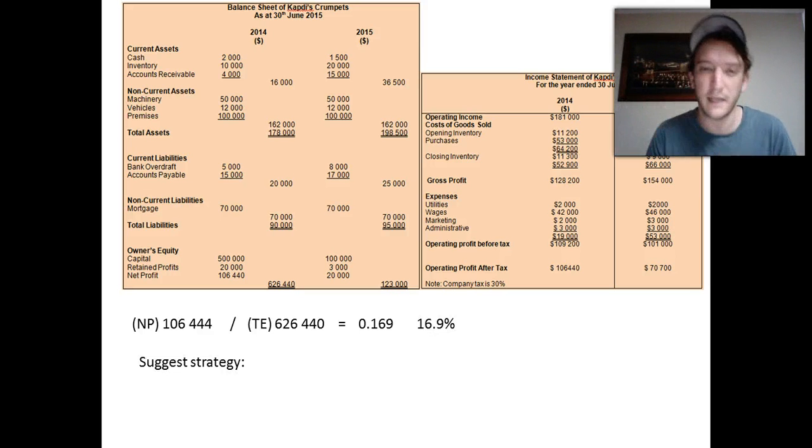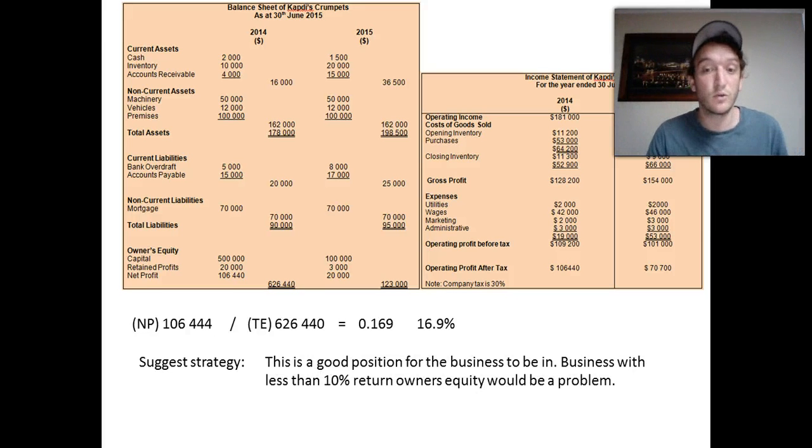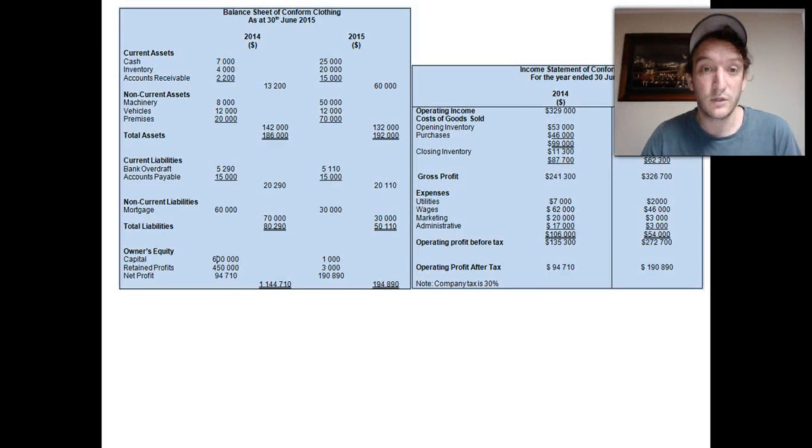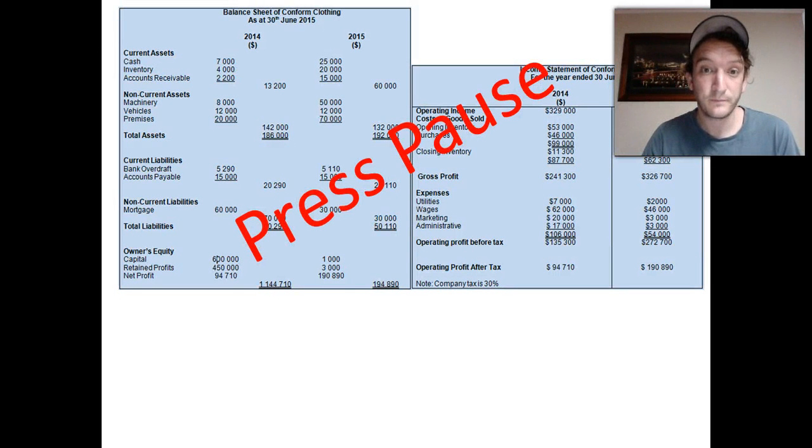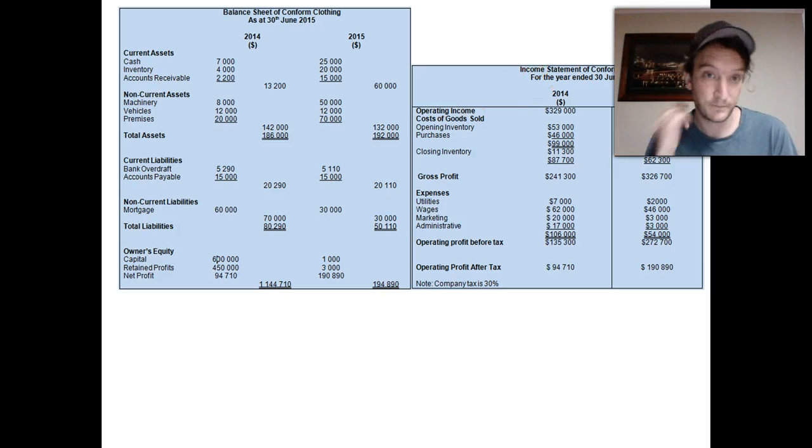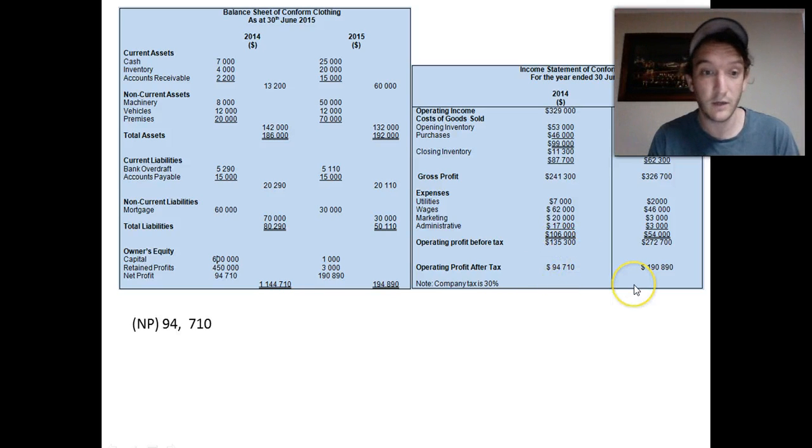So compare it. Is that healthy or sick? Clearly that's pretty healthy. So we would say this is a good position for the business to be in. Businesses with less than 10% return on owner's equity would be a problem. Okay, let's move on. It's your turn now. So I'll ask you to press pause. Calculate it, please. Okay, so clearly our net profit's over here, $94,710, and we're dividing by our owner's equity.